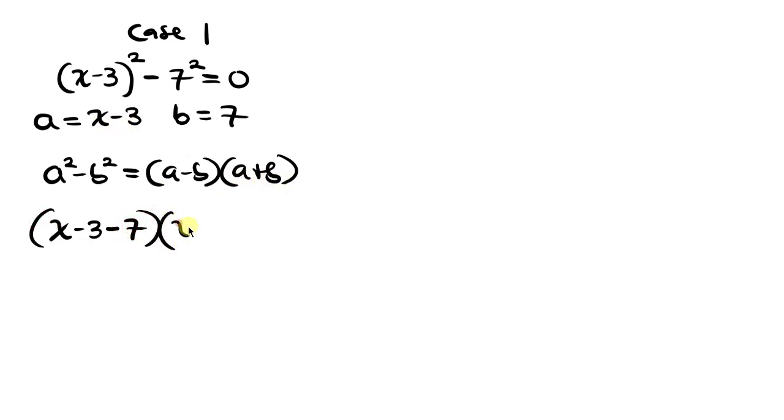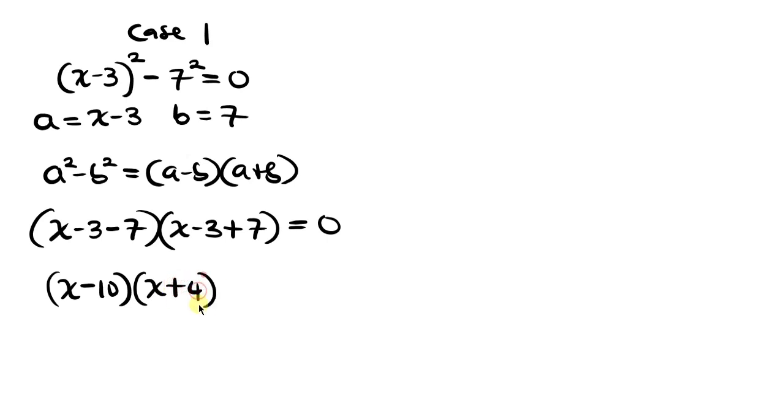A is x − 3 plus b. B is 7. Good. And this is equal to 0. So this becomes x − 3 − 7, which is actually x − 10, times x − 3 + 7, which is actually x + 4. And this is equal to 0.